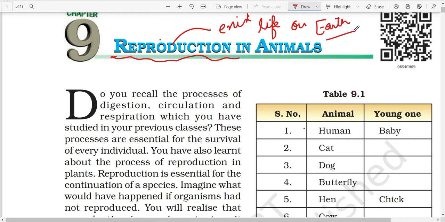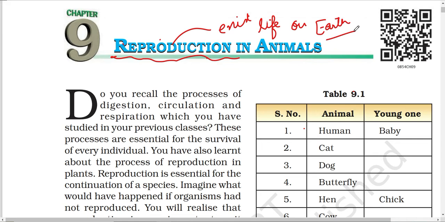Because if small individuals will not get born on the earth, then we will only be left, and once a person is born, they even die. So after death nobody will be left, and life will not exist on the earth. To continue this cycle, reproduction is necessary.